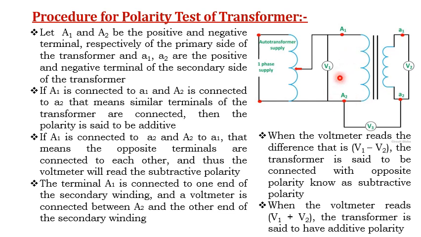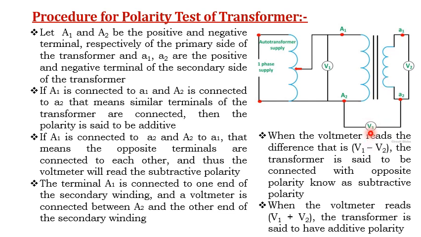In this connection, when the supply is given, V1, V2 and V3 give readings. When the voltmeter V3 reads the difference of the V1 and V2 voltages, the transformer is said to be connected with opposite polarity, known as subtractive polarity.